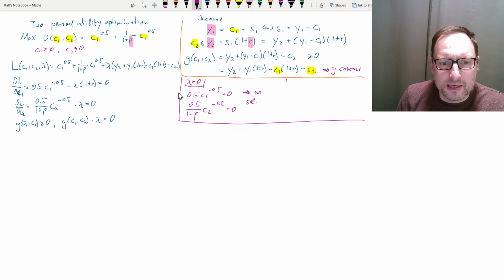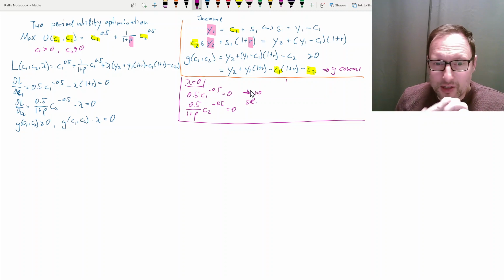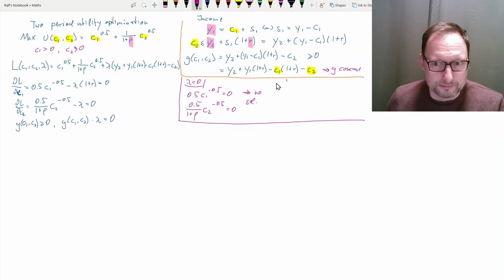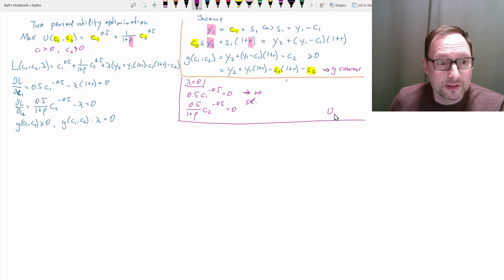Now, as you can see, these first two terms are actually the partial derivatives of the utility function with respect to c1 and c2. As we are already here, let's calculate the Hessian of the utility function, because that will help us decide the question we now want to ask: is the utility function also concave?